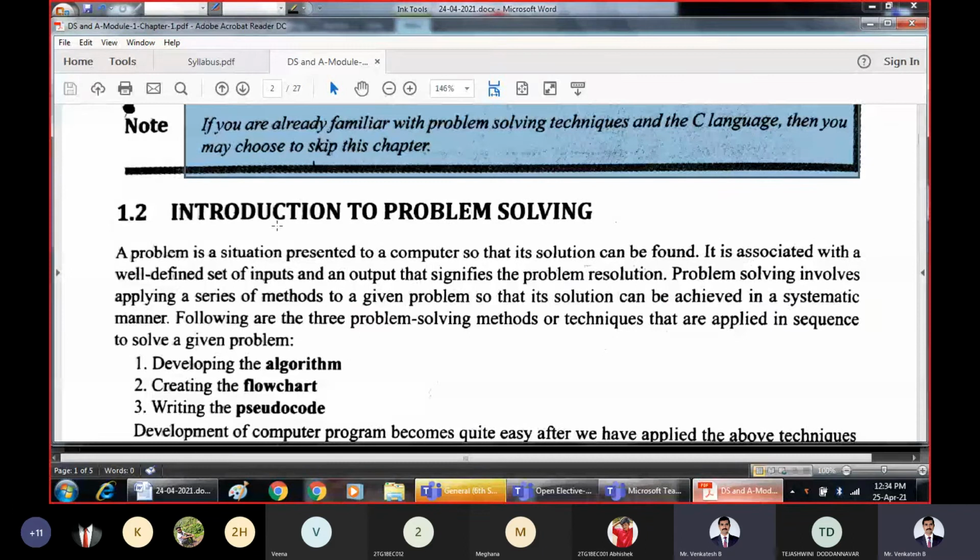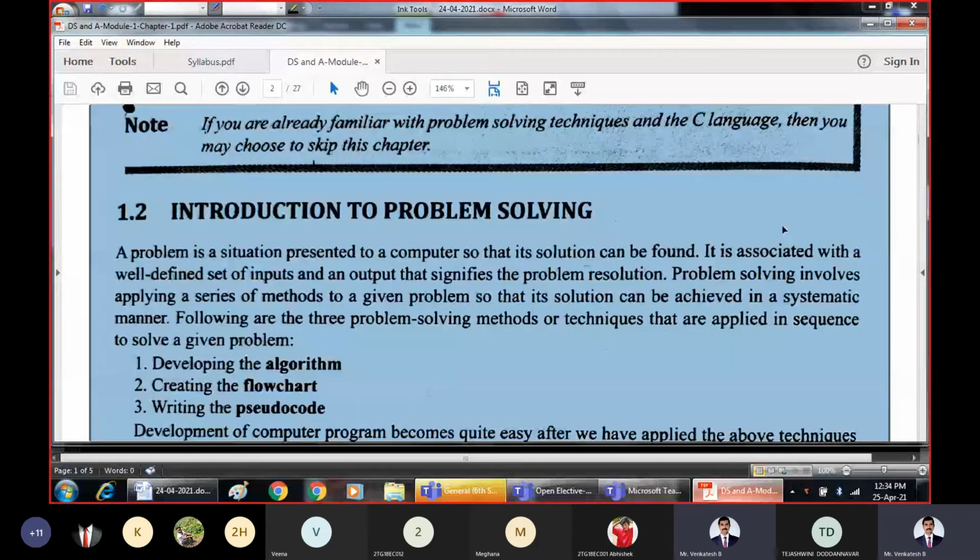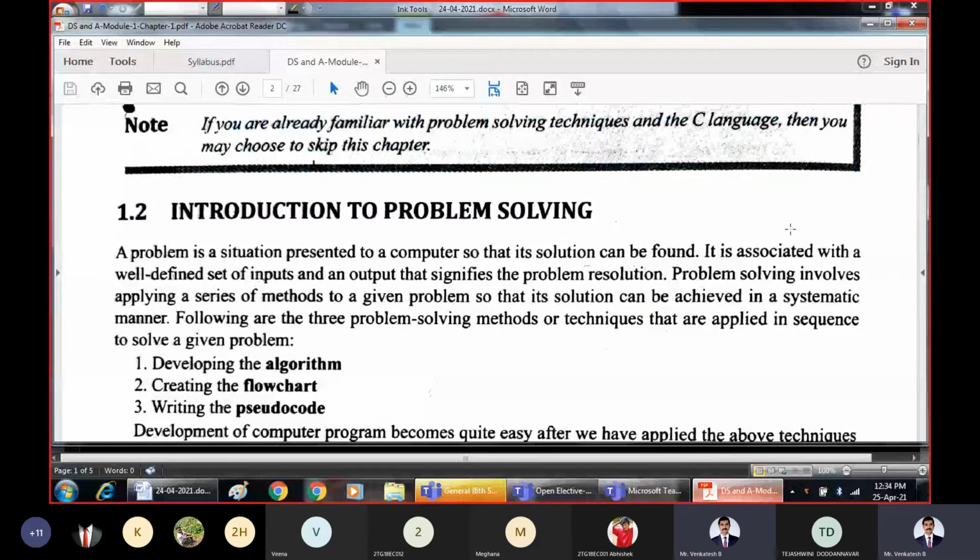Right? So let us see the introduction to problem solving. What actually is a problem? It is a situation which we give to a computer so that it can provide us a solution. A problem in terms of programming is something which has to be solved by the computer so that it can provide us a solution to that particular problem.